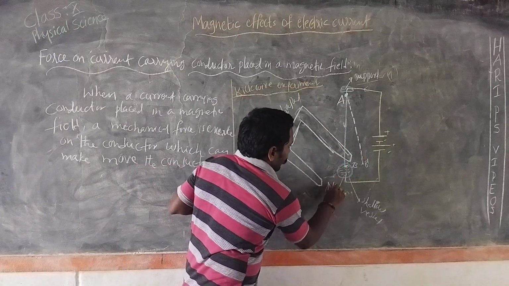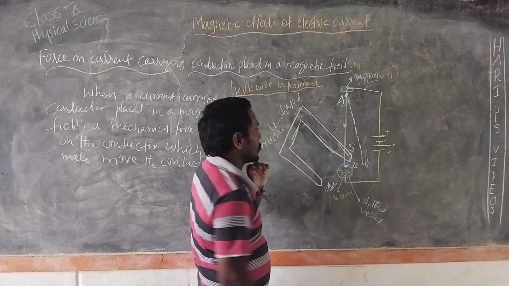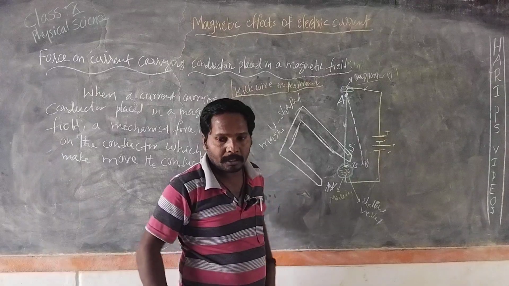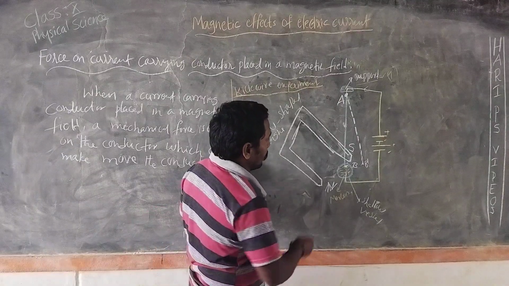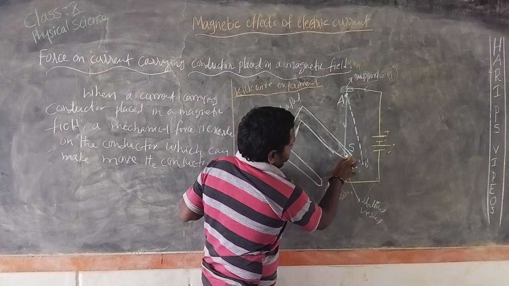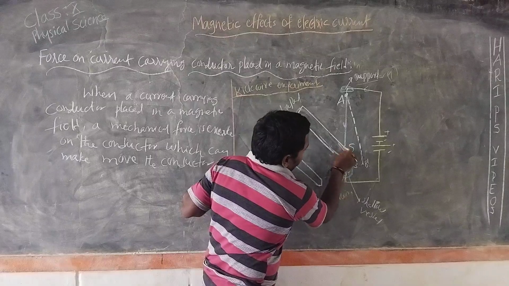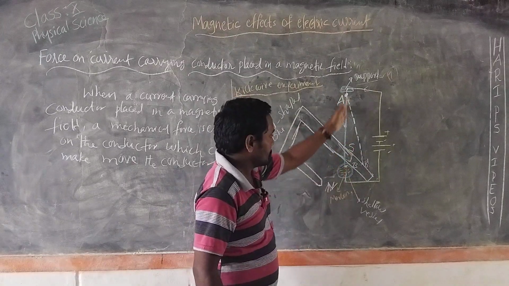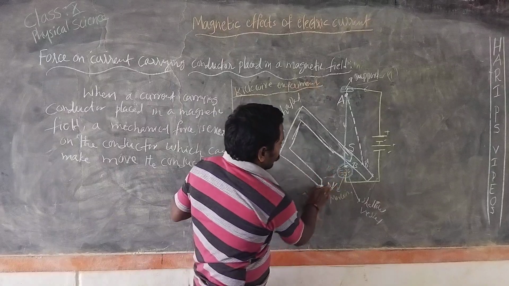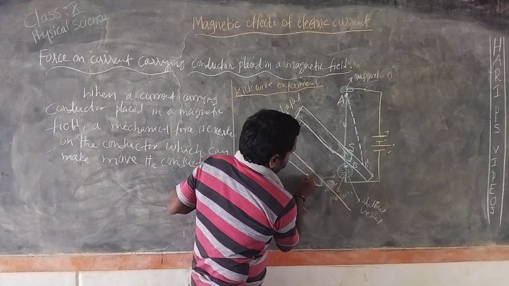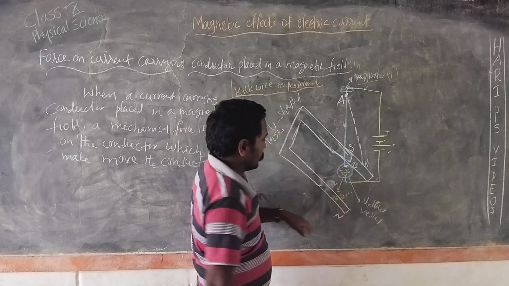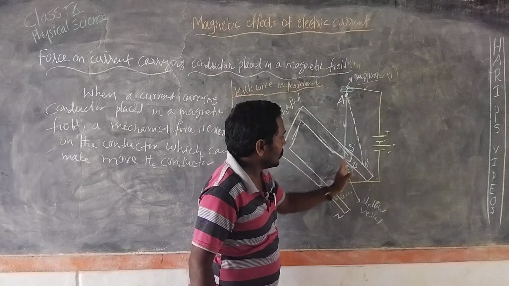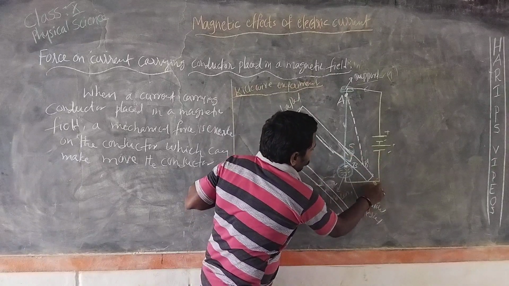It is the north pole and it is the south pole. So what will happen? This current carrying wire moves towards the south pole.